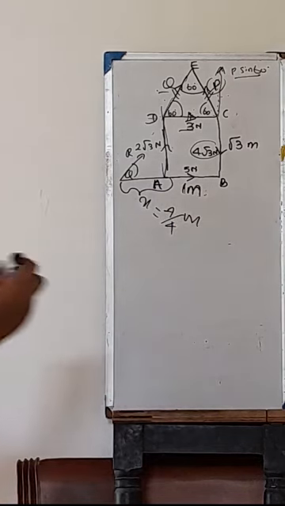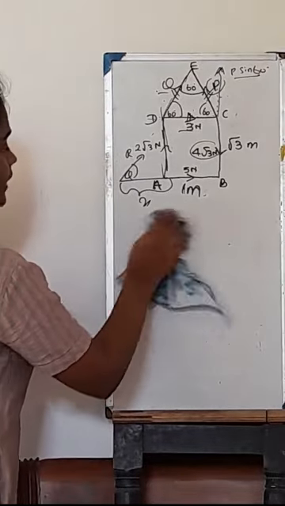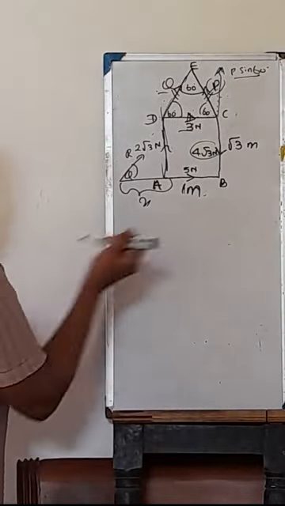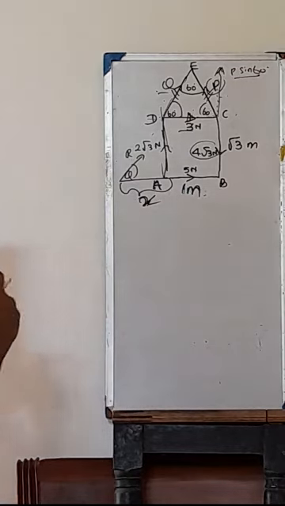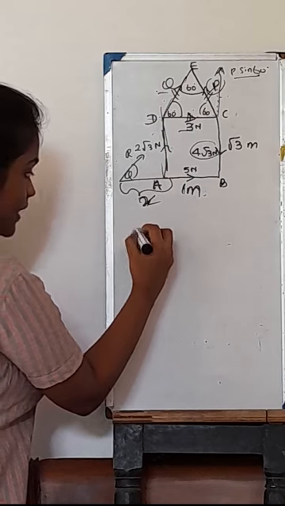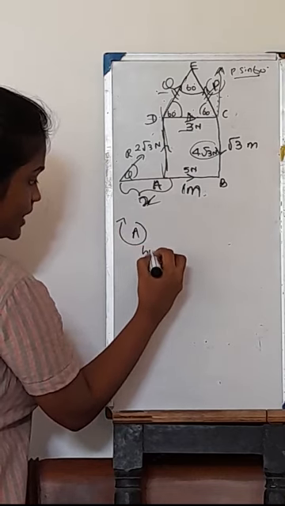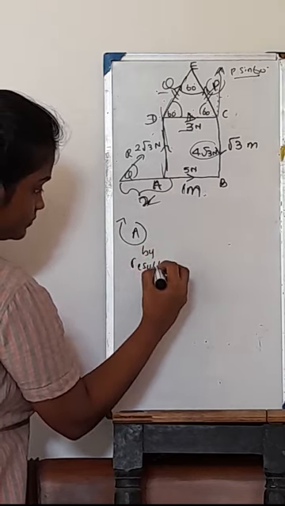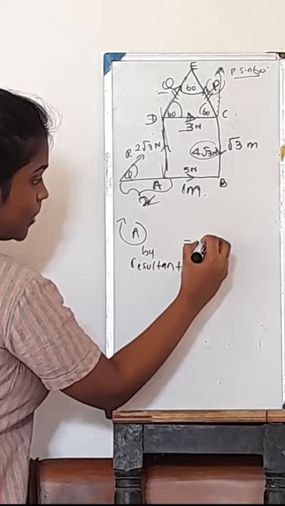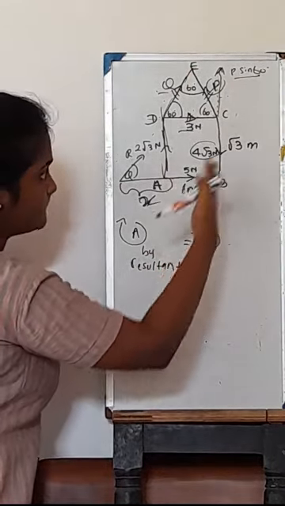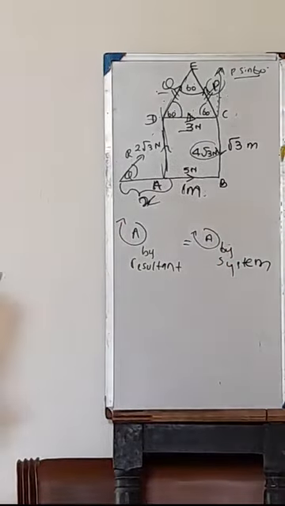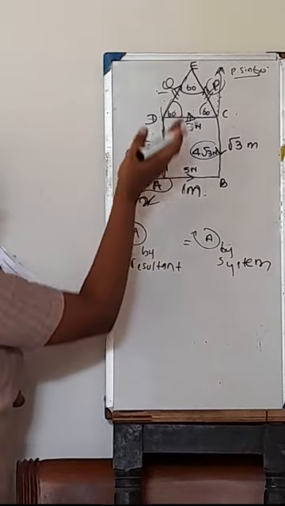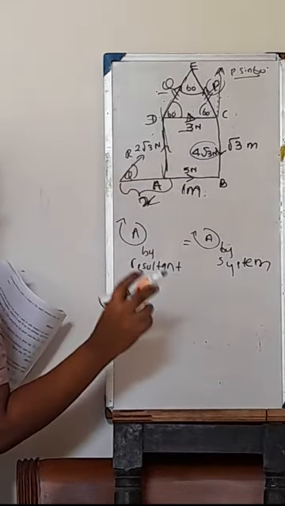That is what we have to show. So to show that, let's mark this distance as x because we don't know what the value is yet. So I can take moment about A by resultant. I can equalize this to moment about A by the system. When we equalize this, we can get this distance.